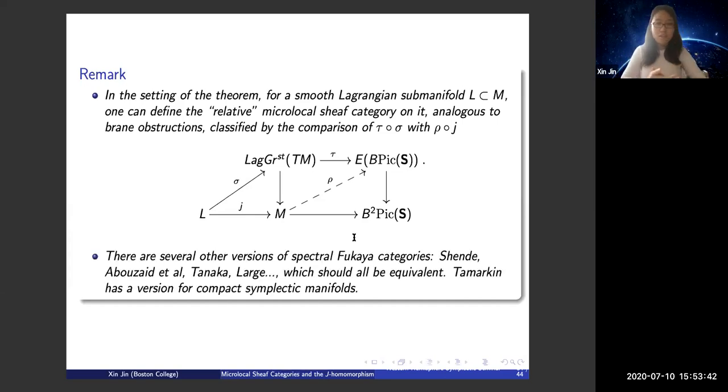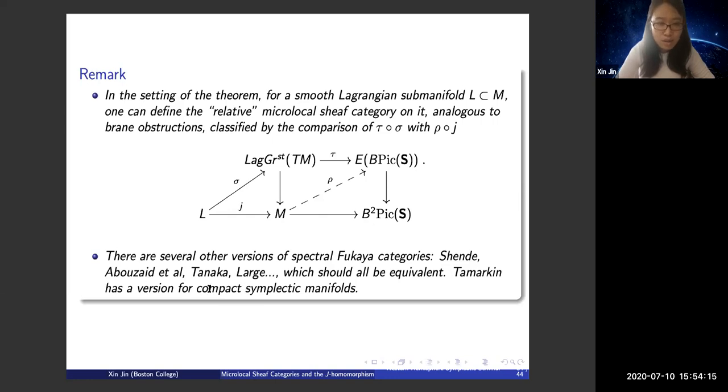And then just to collect some related results about constructing spectral Fukaya categories. Shende has a construction for such a Fukaya category on a Liouville or Weinstein manifold, using the h-principle, so closely related to ours. However, his complete version over the ring spectrum will rely on our main theorem.